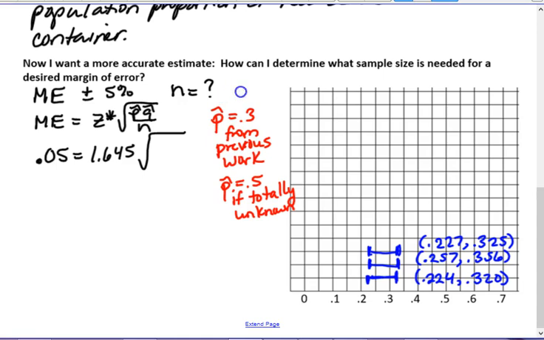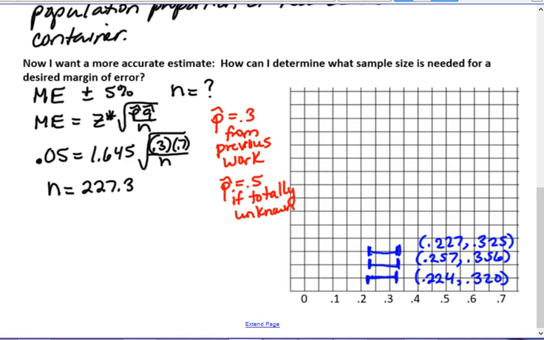So I'm going to put 0.3 times 0.7 divided by n. Solve that for n. I just recommend using the solver on your calculator, although you can solve it algebraically. If we solve this for n, we end up with 227.3.